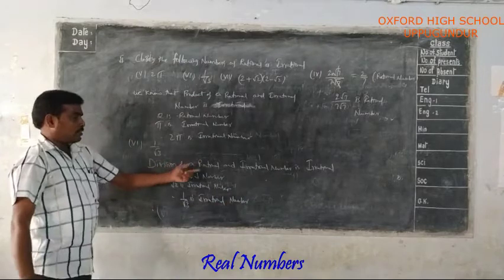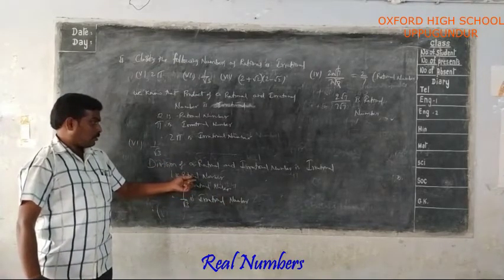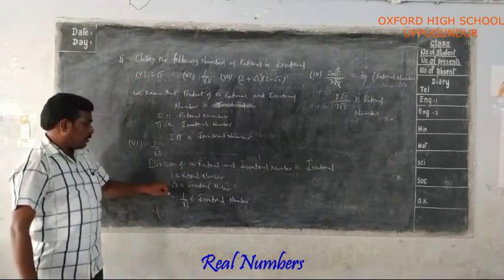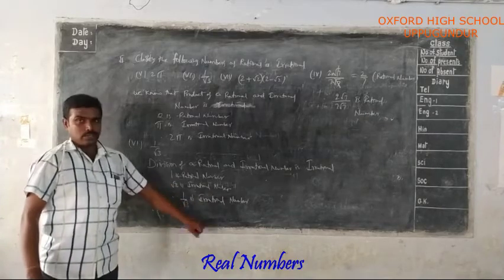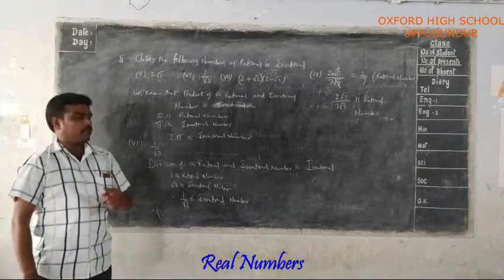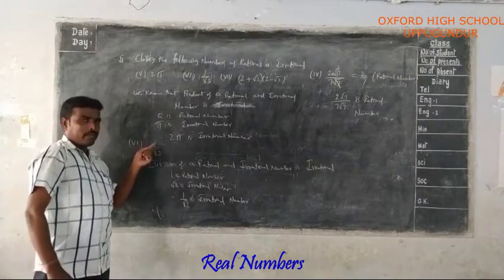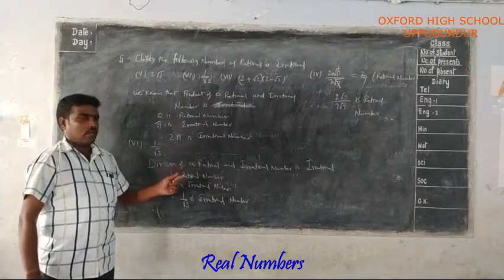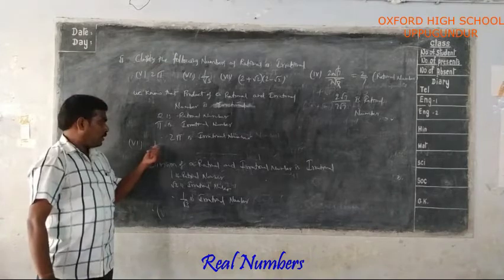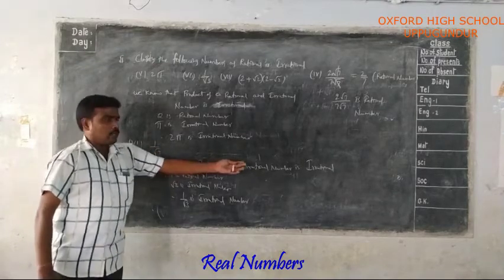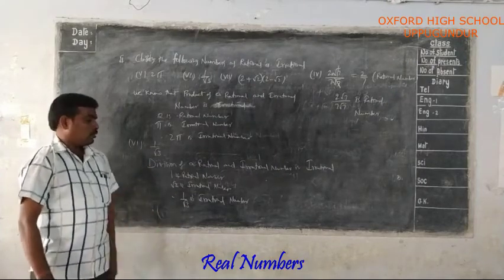So division of any rational and irrational number is always an irrational number. Here also one case you will get: in the numerator, if you consider 0 by any irrational, you will get 0, rational. Except that case, in all cases the division of any rational and irrational is always irrational. That's why here 1 by root 3 is irrational.